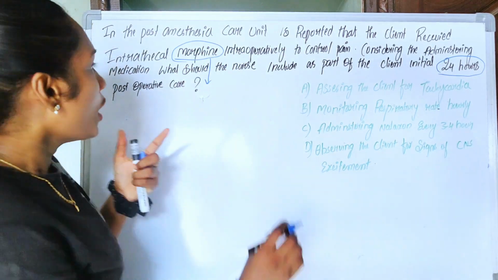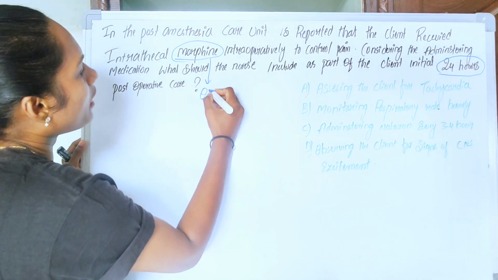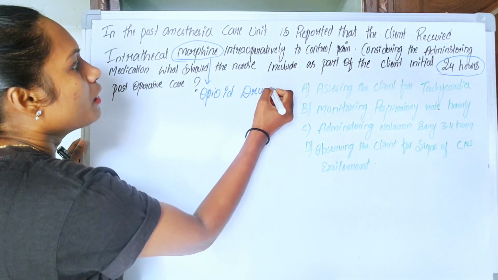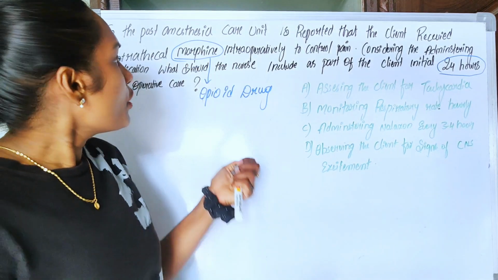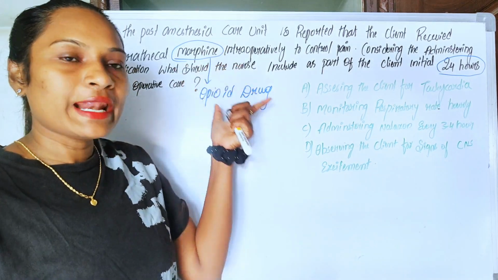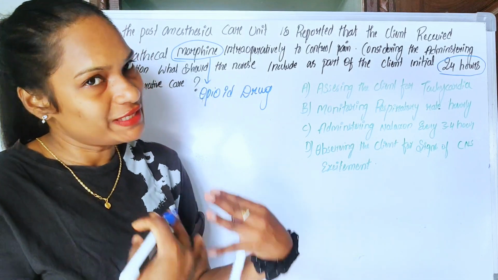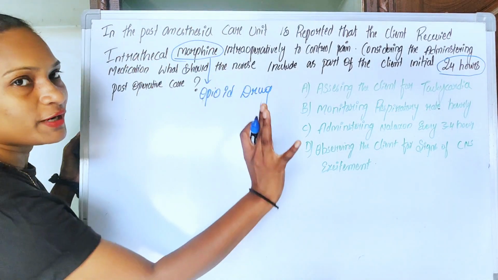What is morphine? Morphine is an opioid drug. Under opioid drugs, what all comes? We will see today. First, morphine.